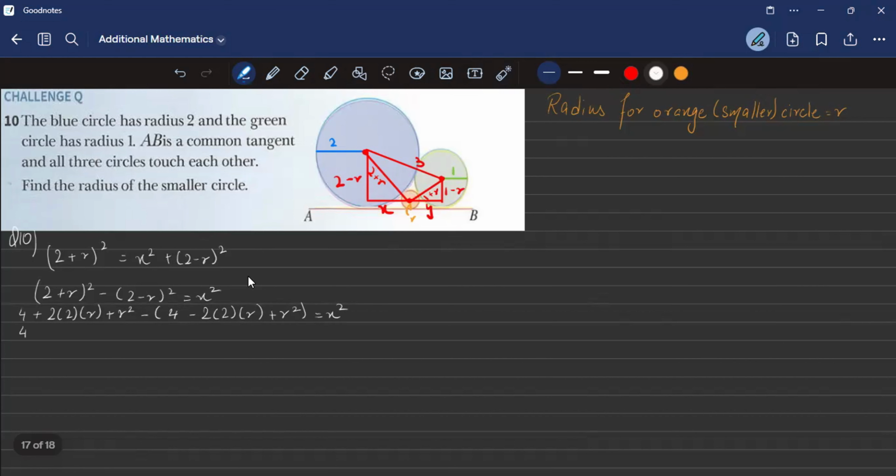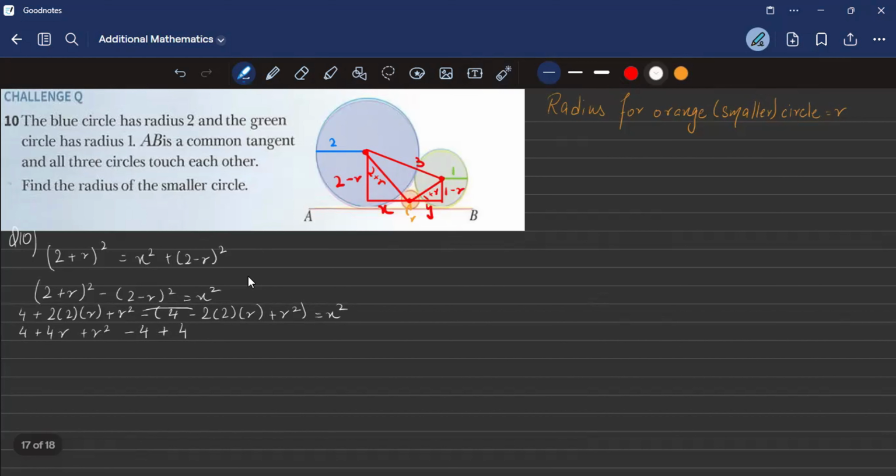Now simplify this. 4 plus 4r plus r squared minus 4 plus, again, why is that plus? It's because this negative is multiplying here. So plus 2 times 2, 2 2s is 4.